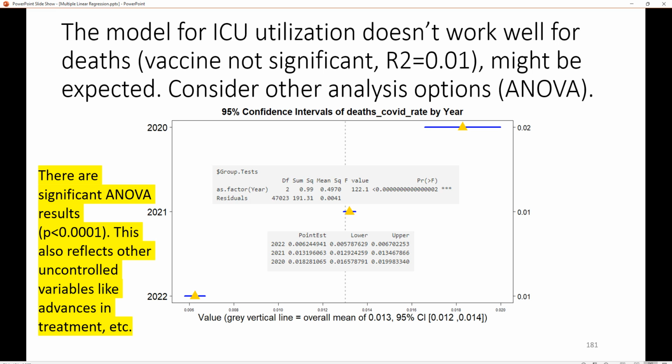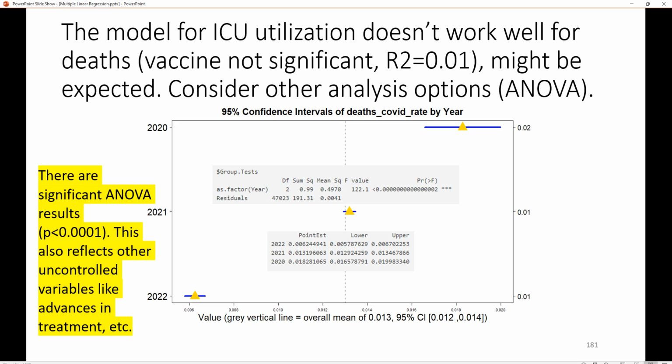So we do have evidence that there has been improvements over time. However, these improvements might be due to treatments in our hospital, other advances. So we may not expect the vaccine to have the same type of effect that it did with ICU bed utilization. We know that we've improved how we care for patients and how we've been able to reduce mortality over the last few years.